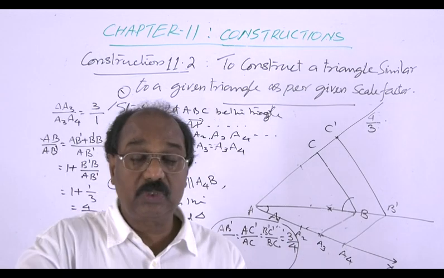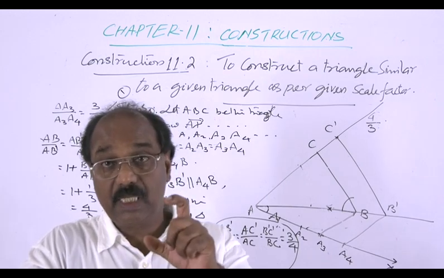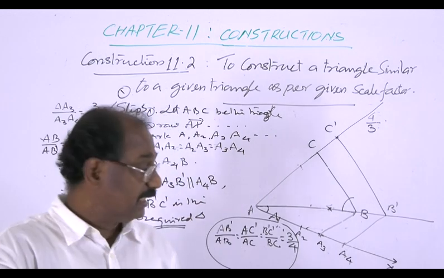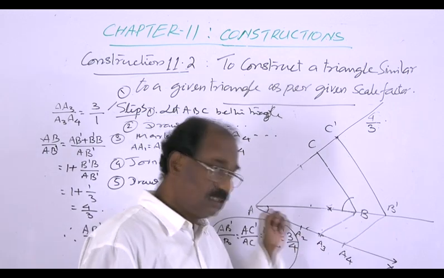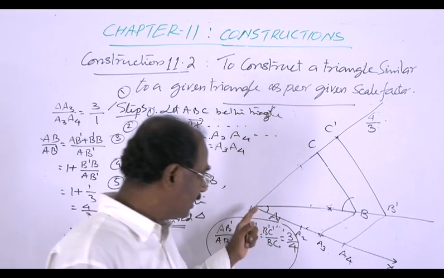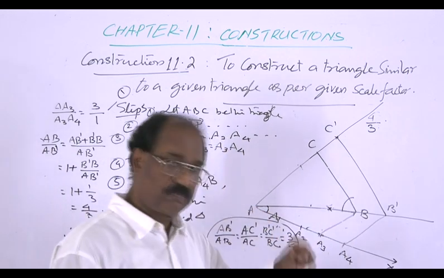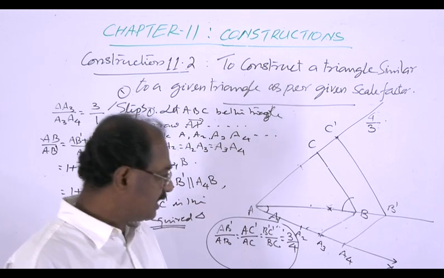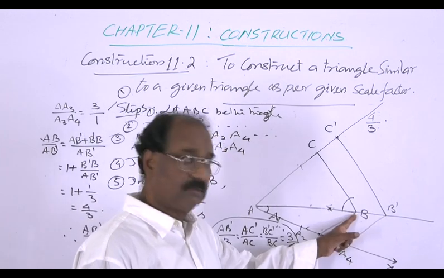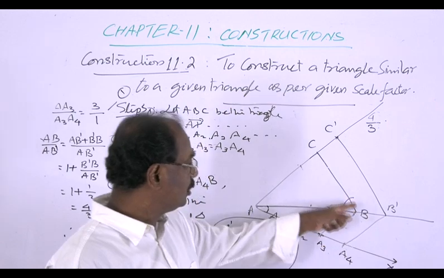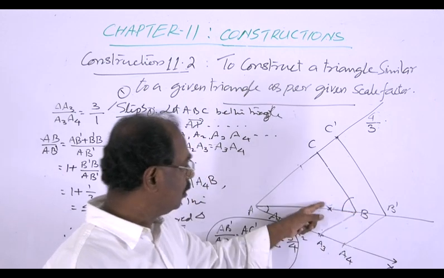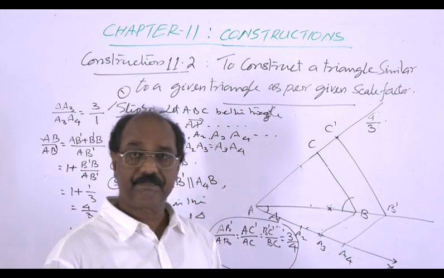And in these two situations, remember the construction. In the first case, 4 points, second case 4 points, A1, A2, A3, A4. In the first case, join A4 to this B and, parallel to this BC, draw this B dash C dash.